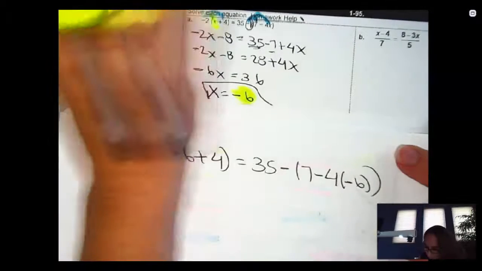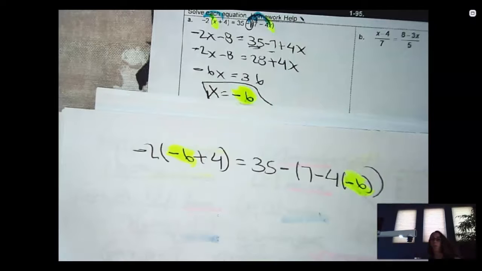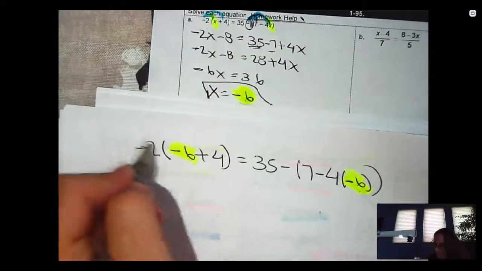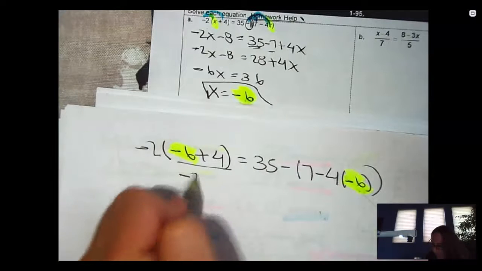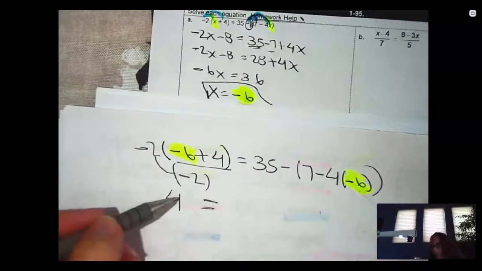So what I did is I took my answer, negative 6, and I put it in whenever I saw an x. So you've got to know your PEMDAS game, or plugging it in to check is just not going to help you. Okay? So what I'm going to do is go negative 6 plus 4 is negative 2 times negative 2 is 4. So on the left I get 4.